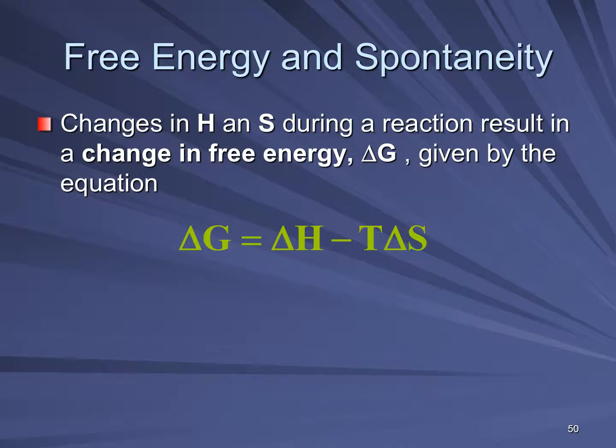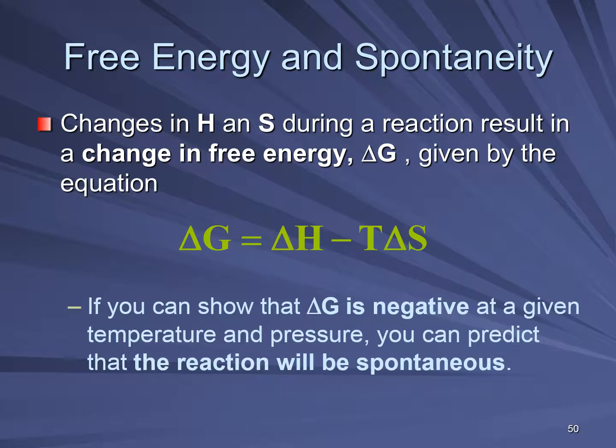Okay, so delta G equals delta H minus T delta S. This is the definition of Gibbs free energy. If we can show that delta G is negative, then we can predict the reaction will be spontaneous.